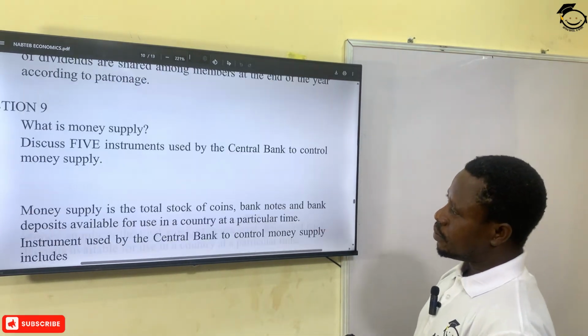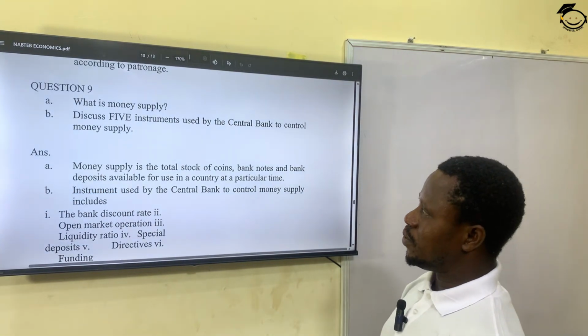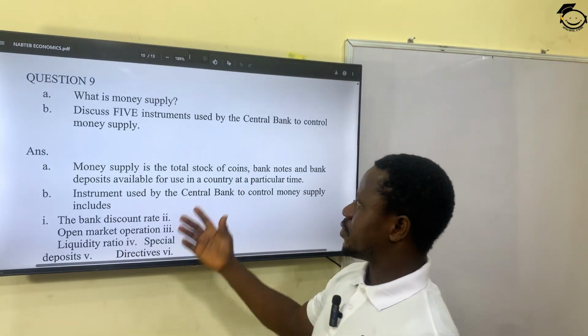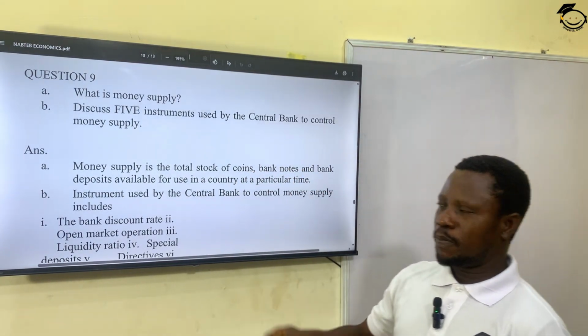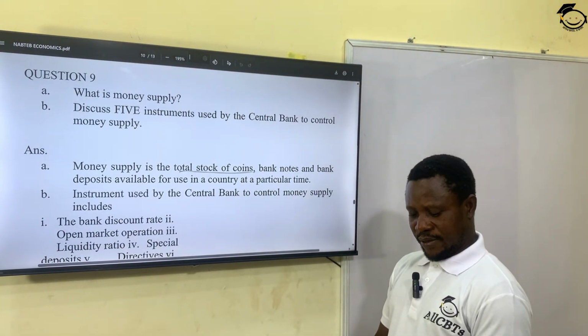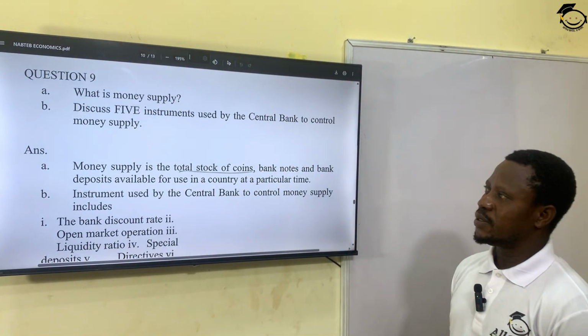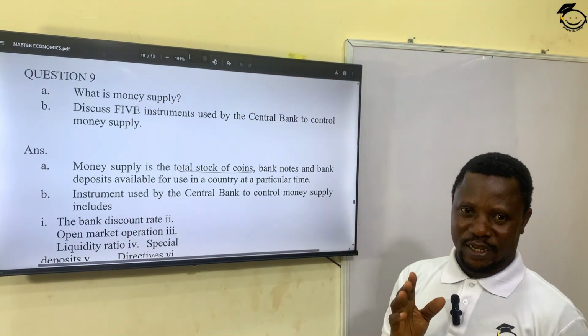Okay? Let's see the next question. What is money supply? And discuss five instruments used by the central bank to control money supply. Money supply is talking about the total money, either notes, coins, or deposits that are available in a particular economy at a particular time.